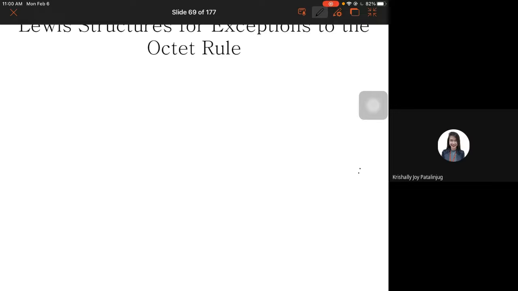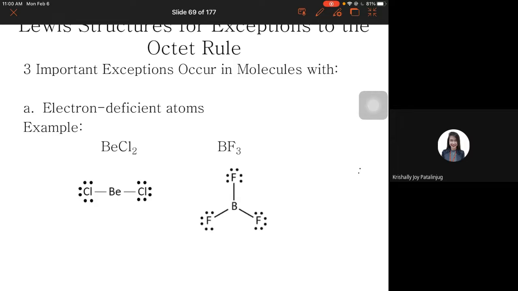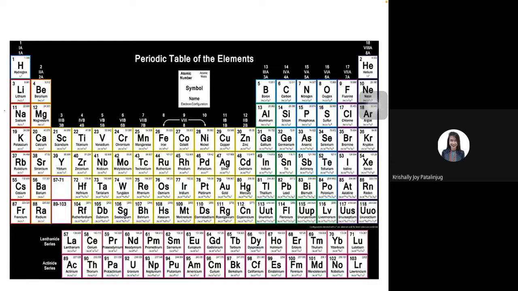Now, this time, please always take note that there are also a few exceptions to the octet rule. Particularly, the exceptions are applicable to those atoms that are found in period 3 of the periodic table. Most of the encountered molecules or ions where the octet rule is not applicable, the central atom is found in period 3.